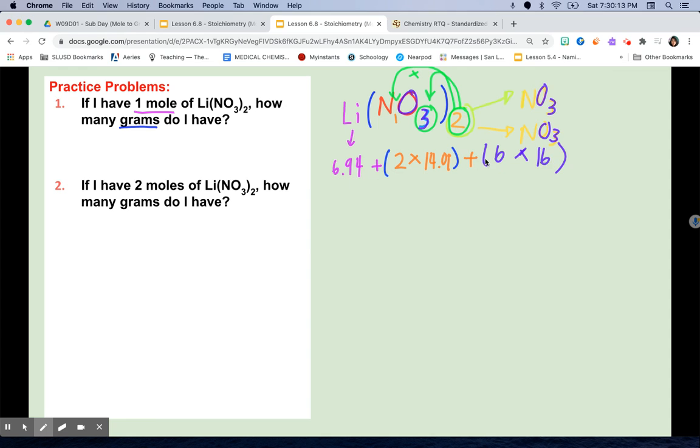This is one key thing that sometimes can be tricky for others, so know that you just take the 2, or the subscript on the outside, and always multiply it in with parentheses. That's how we figure out how many N's and O's and how many elements we have on the inside of the parentheses. Once I have this set up, I just need to type it into a calculator and I will have my answer.